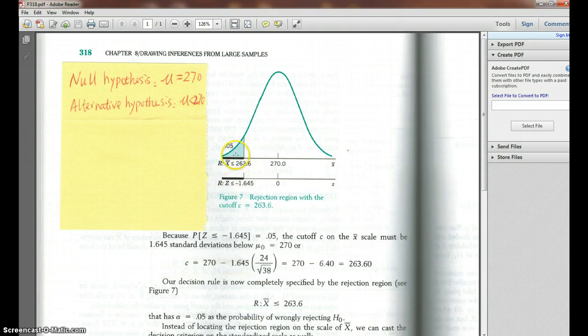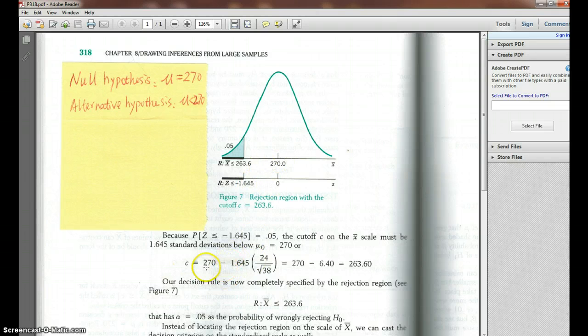The difference between z and x bar is that z is the standard normal variable, but x bar is just a normal random variable. It's not necessarily standard. So where's this point? It's 1.645 standard deviations from 270.